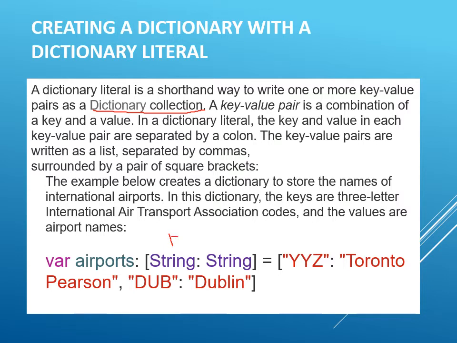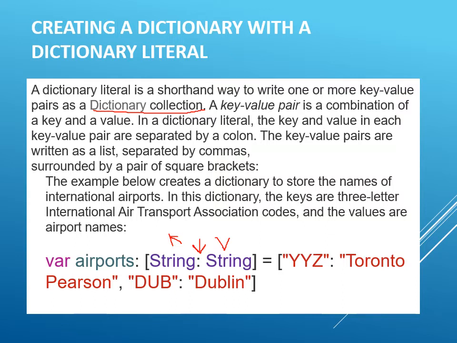This will be our key and this will be our value. In a dictionary literal, the key and value in each key-value pair are separated by a colon, which specifies that this side is our key and this side is our value. The key-value pairs are written as a list separated by commas.